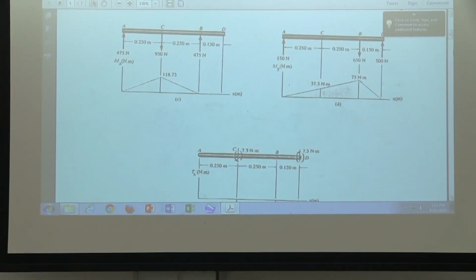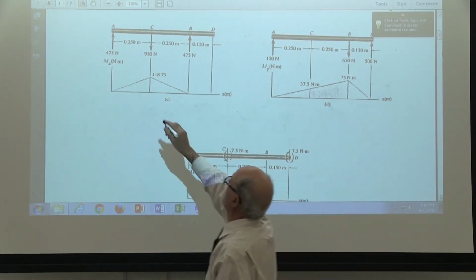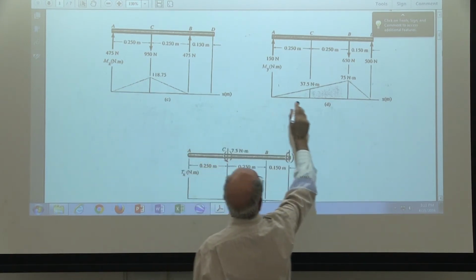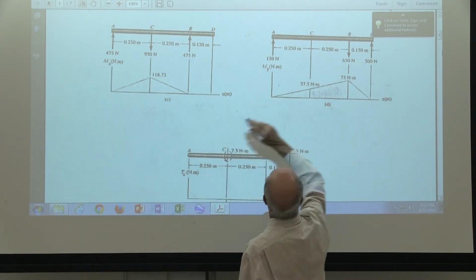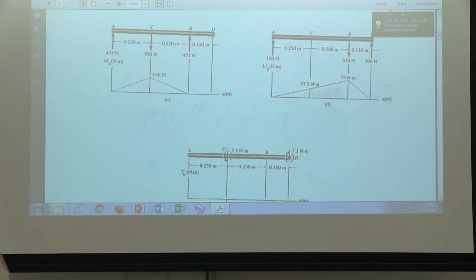No. What do I put there? This is what the students do. Some of them take this one and put it there. That's not a correct answer. Some of them put 118 plus 75. Neither of them is correct. 75 is max at point B. 118 is max at point C.